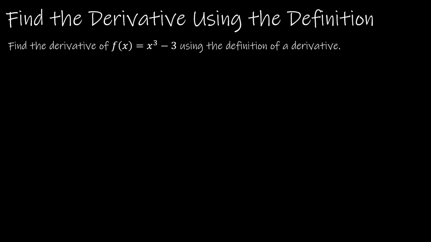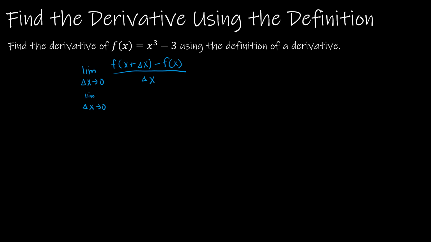So we're going to find the limit as delta x approaches 0 of, and then instead of calling it f of c, we can just call it f of x. So this is just f of x plus delta x minus f of x over delta x.